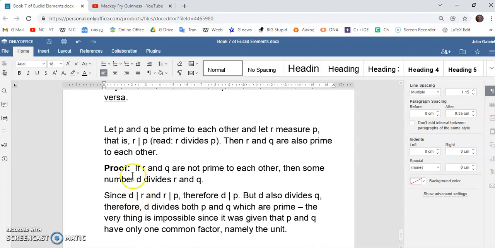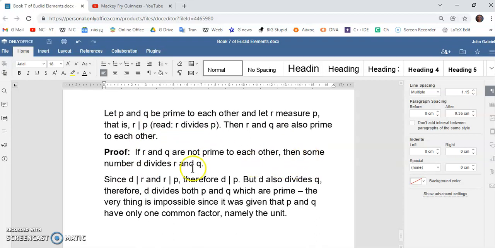And the proof is not that hard. Let P and Q be prime to each other, and let R measure P, that is, R divides P. Then R and Q are also prime to each other. That's the conclusion if this is true. So the proof is that if R and Q are not prime to each other, that's an assumption, then some number D divides R and Q. Since D divides R and R divides P, it follows that D will divide P as well.